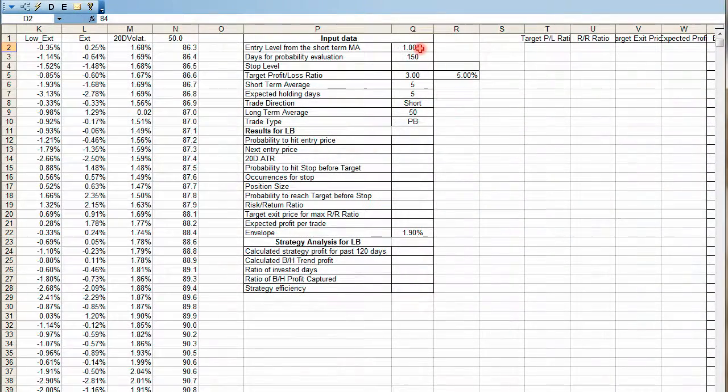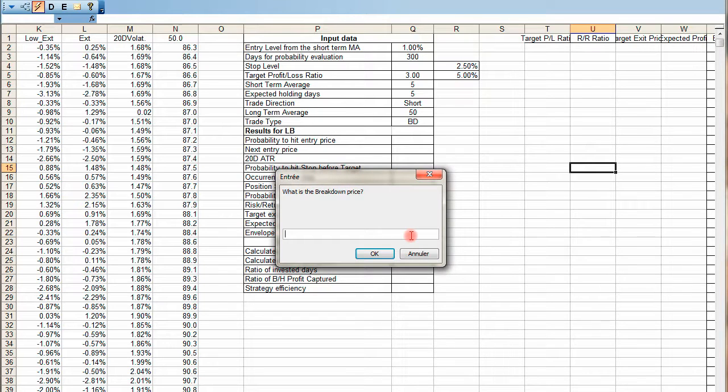Okay, I will put a 2.5% stop level. I will take 300 days for a breakdown. Breakdown here, and I forgot the price. I see 84. Okay, I type 84.